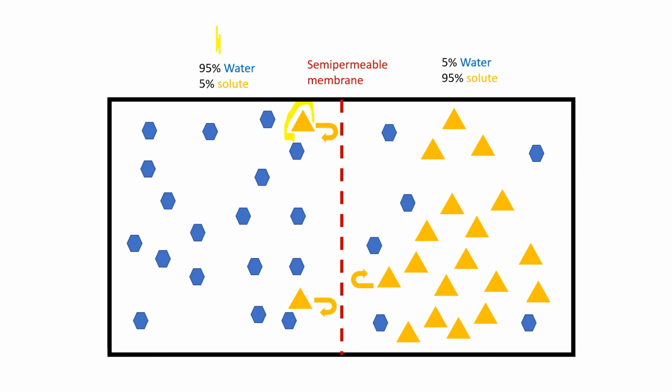And on this side over here, I've put a solution that's 5% water and 95% of these solutes. And one thing I want you to notice is that these solutes, for whatever reason, maybe they're too big or maybe they're too polar, they can't make it through this semi-permeable membrane. They just kind of get bounced back off of it. But the water can still go through just fine, right?